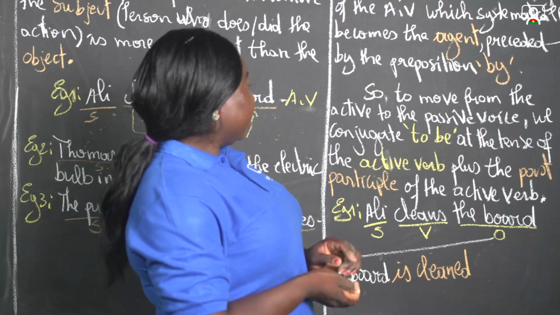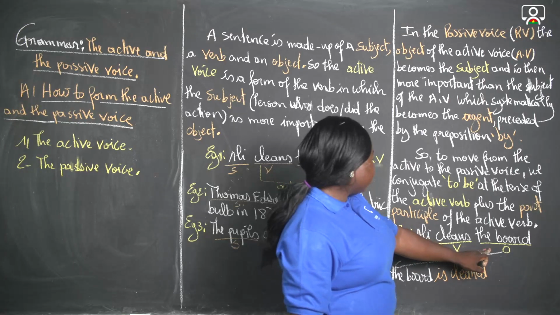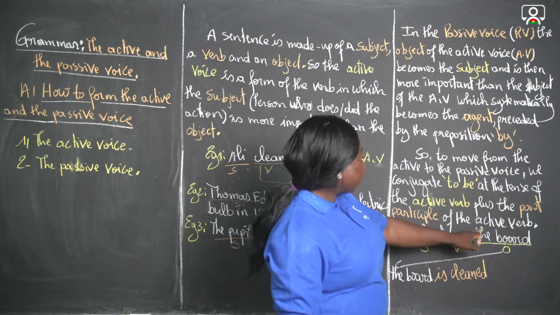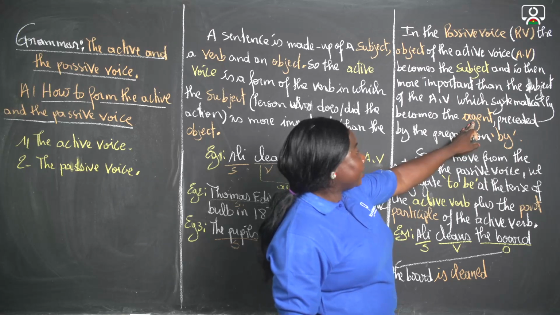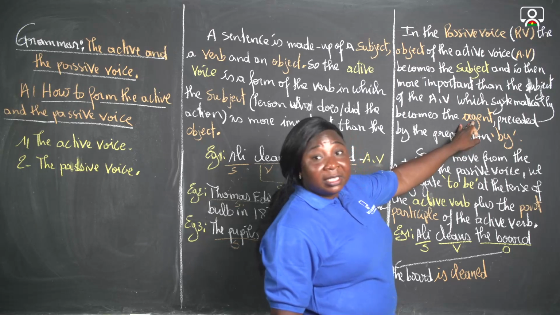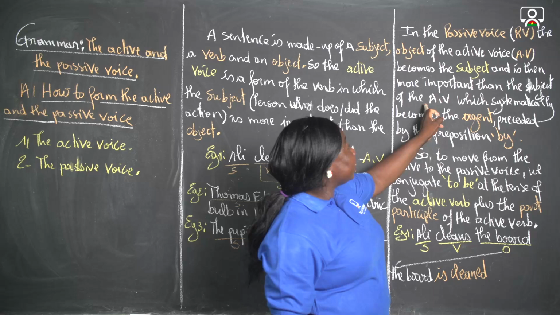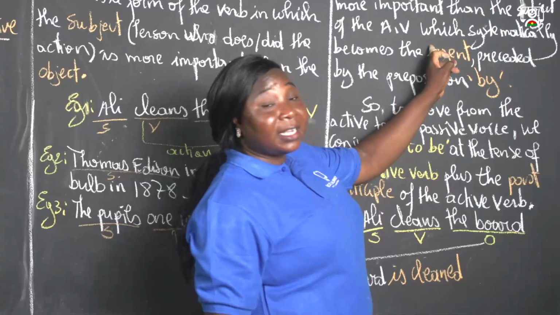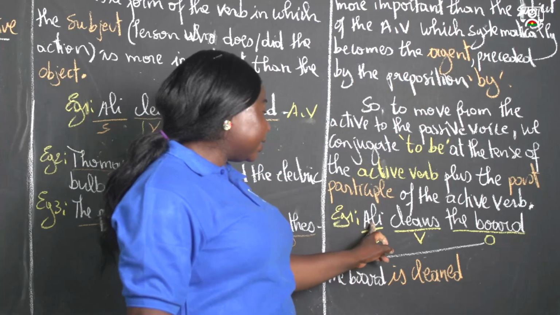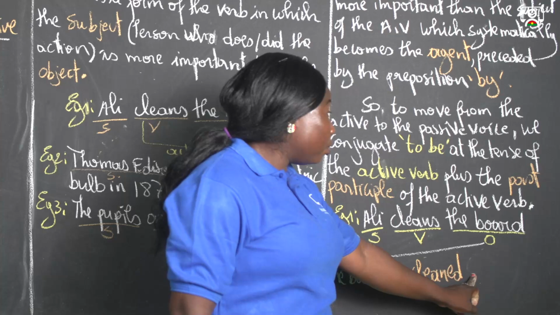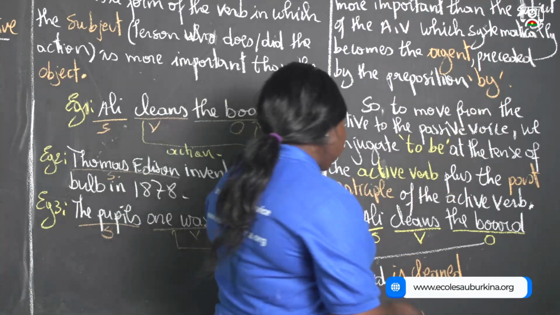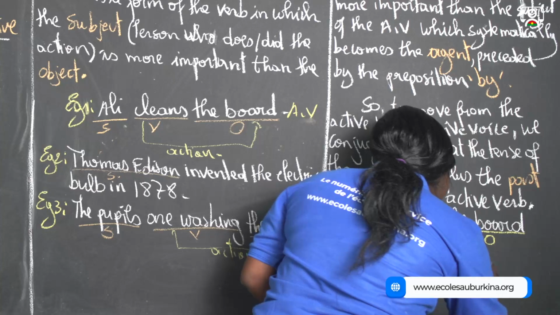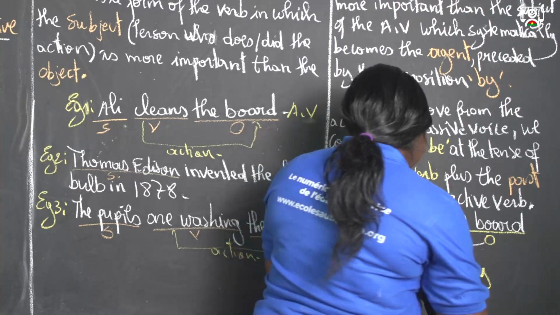And now, after the past participle, we are going to add the agent. The agent is the subject of the active verb, preceded by the preposition by. So, is cleaned by Ali.